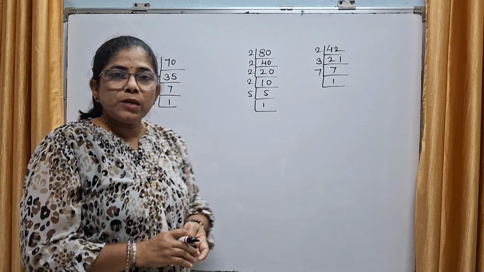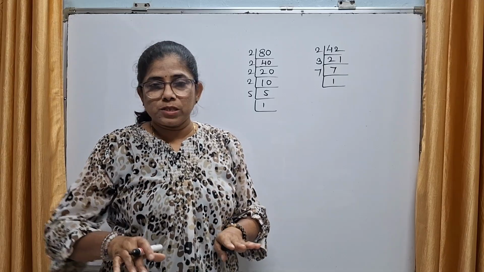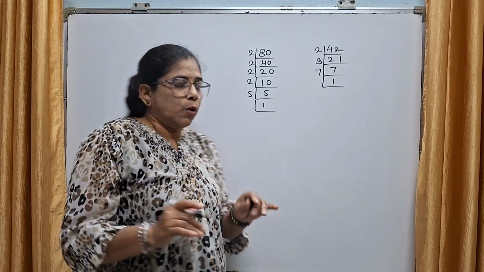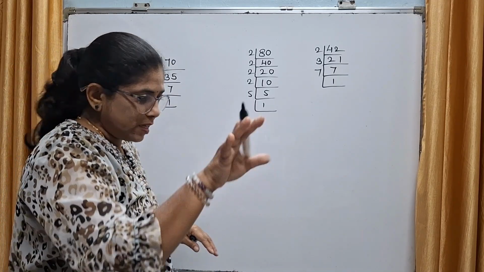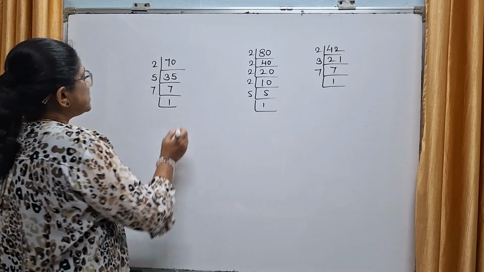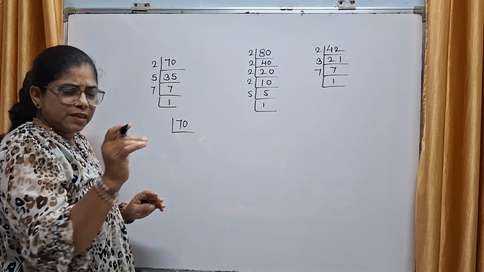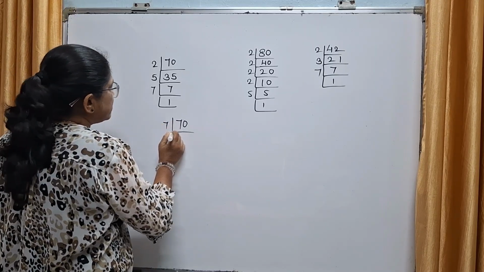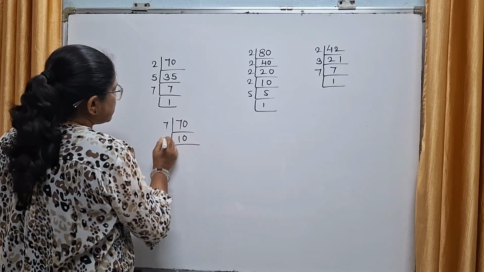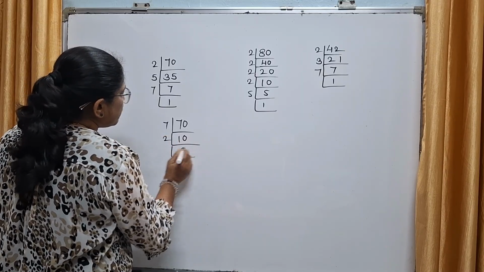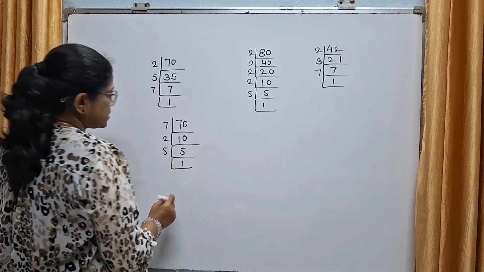And the second point they say is that the order is not important. Okay, this point also I will explain with one example. Let's start with 70. We can start with 7. 7 tens are 70, 2 fives are 10, 5 ones are 5. Okay.